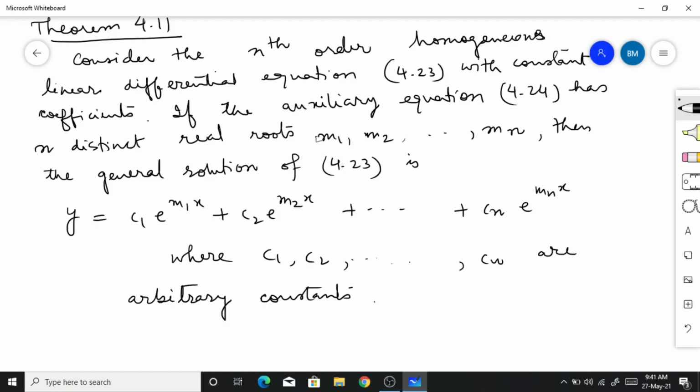So in the form of a theorem, we have got the result.